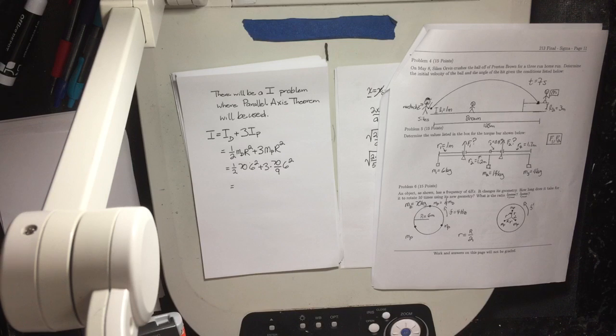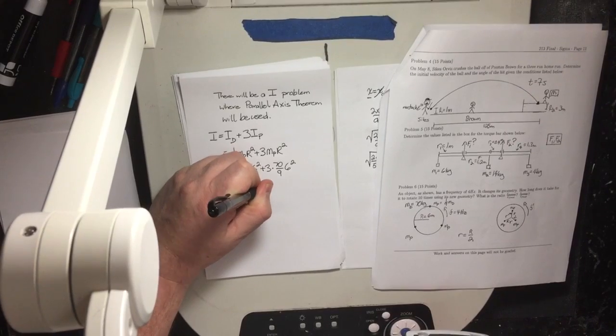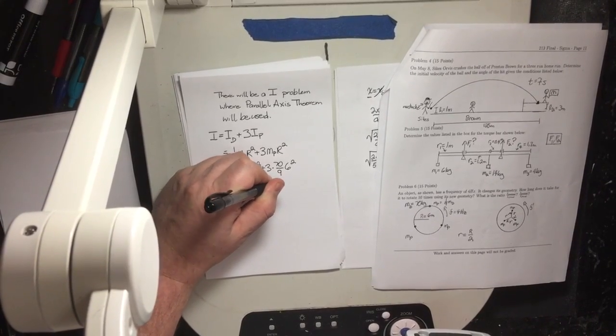So this gives me 35 times 36 plus 70 divided by 3 times 36. That's 2,100 kilograms meters squared.